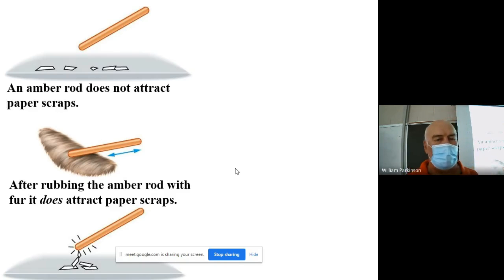Put the paper clips down on the table, put the rod by it, nothing happens. Then rub the rod several times over with some fur or a piece of carpet even, whatever you want, then put it by the paper clips, and voila, the paper clips will be attracted and start to lift up off the table and stick to the rod.